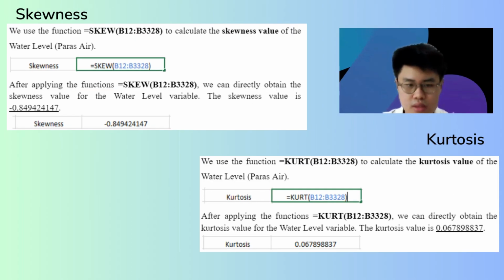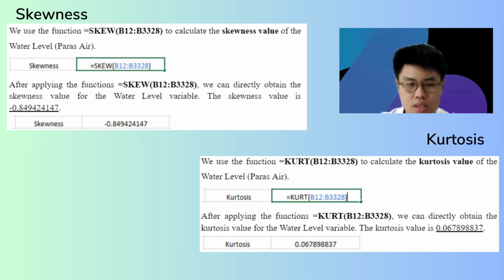Next, we use the function SKEW B12 to B3328 to calculate the skewness value of the water level. After applying the function, we can directly obtain the skewness value for the water level variable. The skewness value is negative 0.849424147.